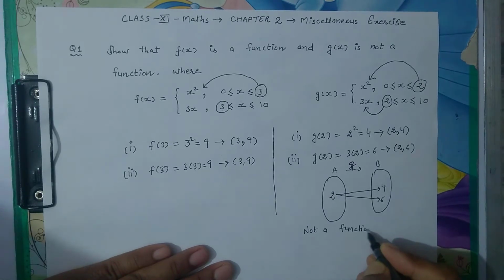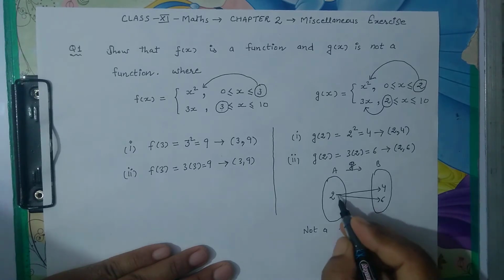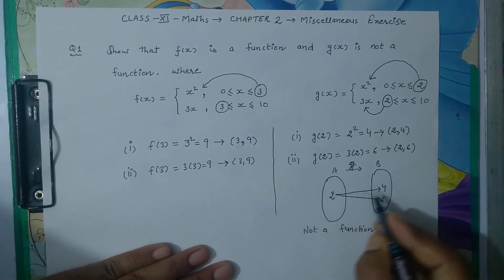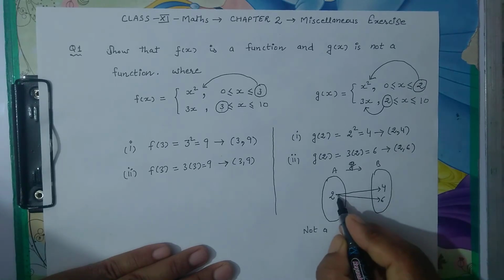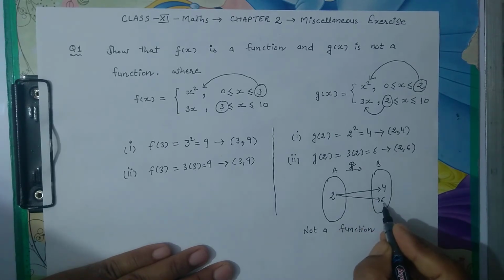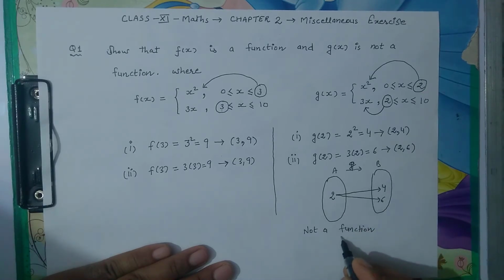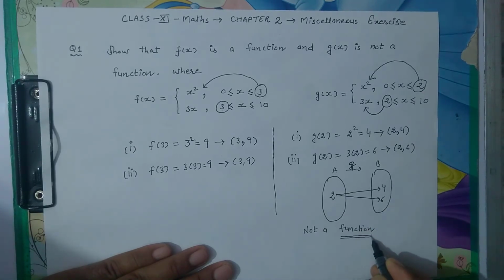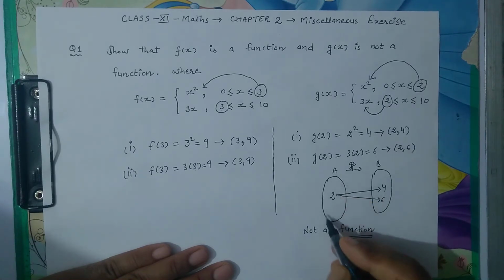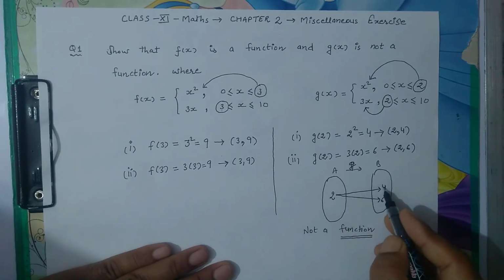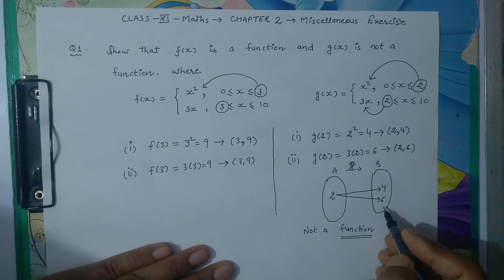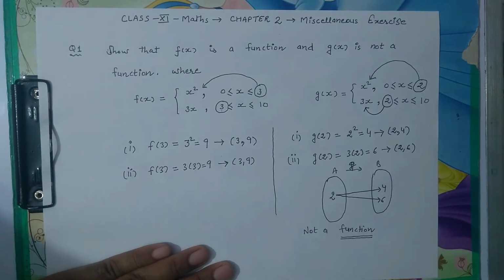Why? Because 2 has different images. 2 has the image 4 as well as 2 has the image 6. But according to the definition of the function, each element of first set should have unique image. So definition fails, so this is not a function.